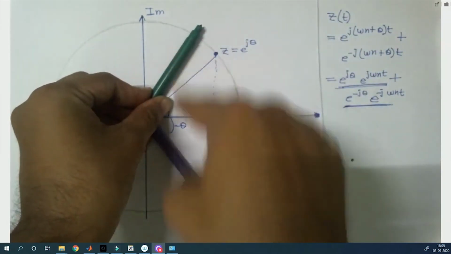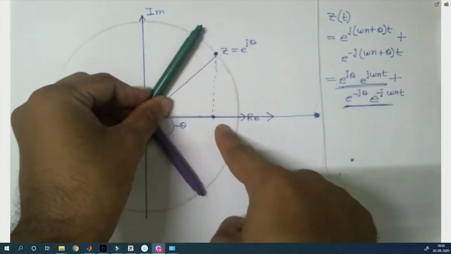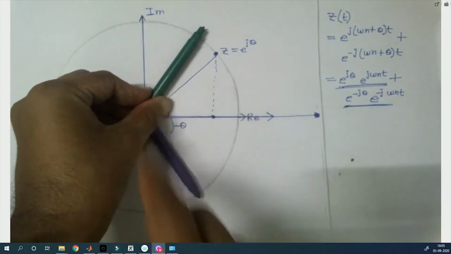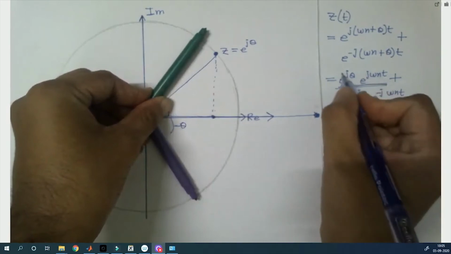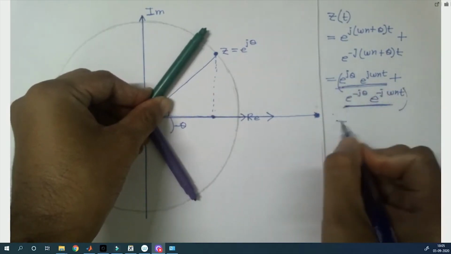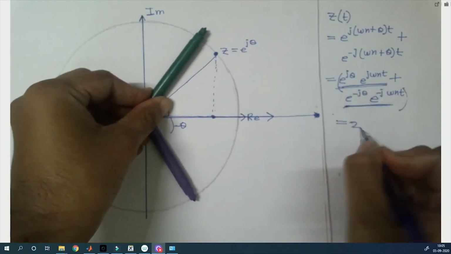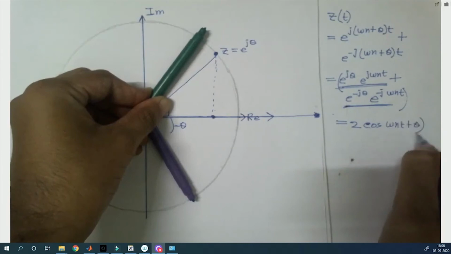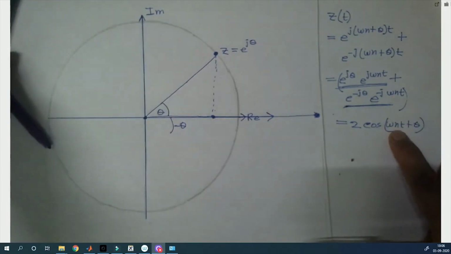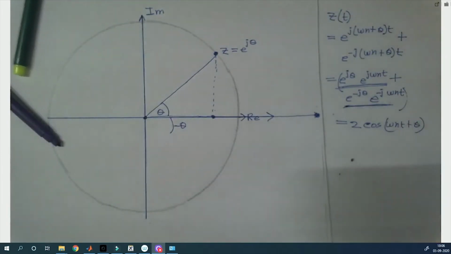So if you add these two numbers, you will get a real number. That is anyway evident because this is equal to twice cosine omega n t plus theta, which is a real function of time.